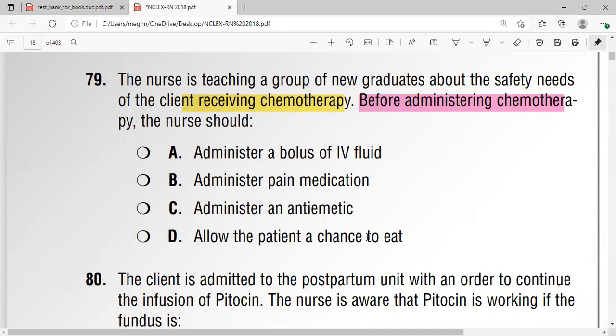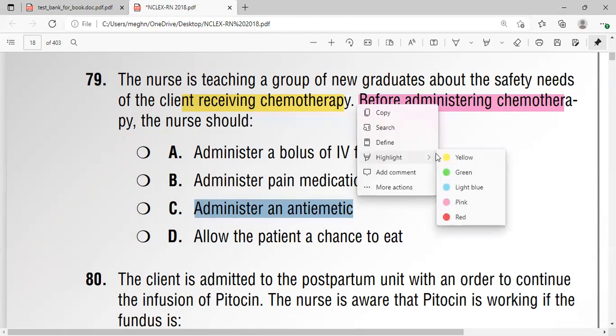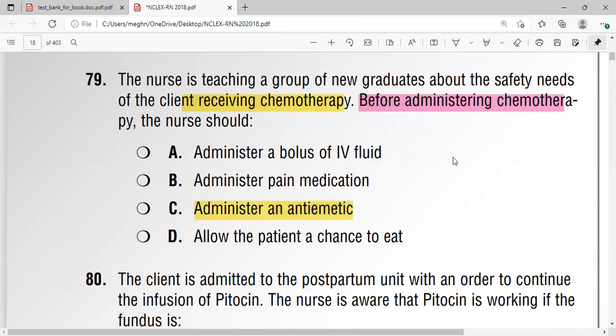The correct answer here is number C, administer an anti-emetic, which means the medication that can stop the nausea. Nausea means the desire to vomit. So before chemotherapy, an anti-emetic should be given because most chemotherapy agents can cause nausea.